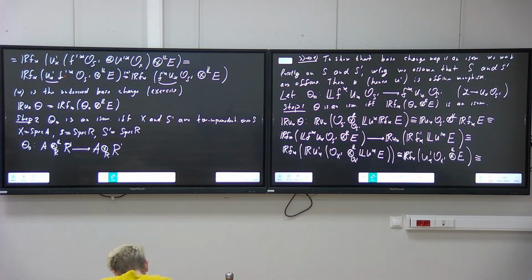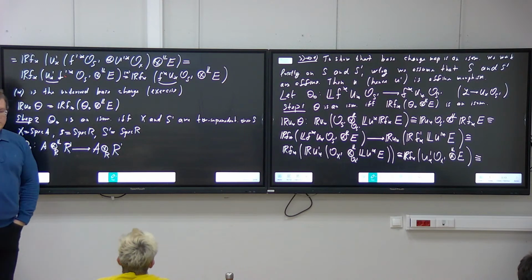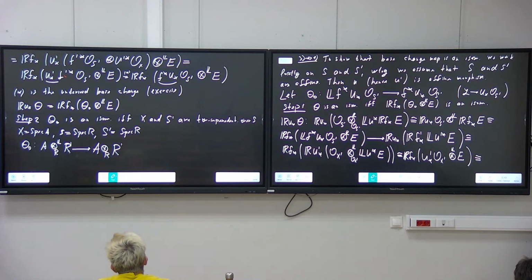So by Tor independence we get that theta 0 is an isomorphism. Then by step 1, we notice that if theta 0 is an isomorphism, then theta is an isomorphism. That's what we want. But isn't it a proof that 1 implies 3 also?